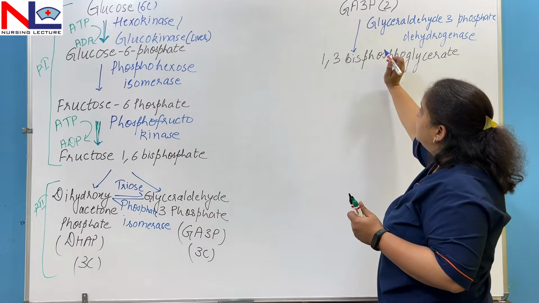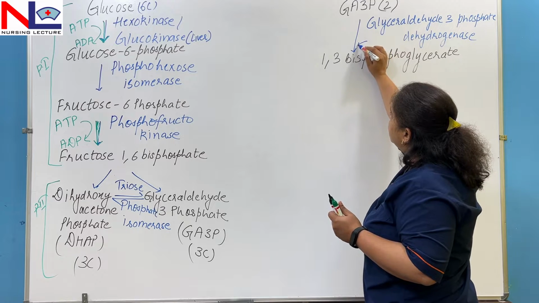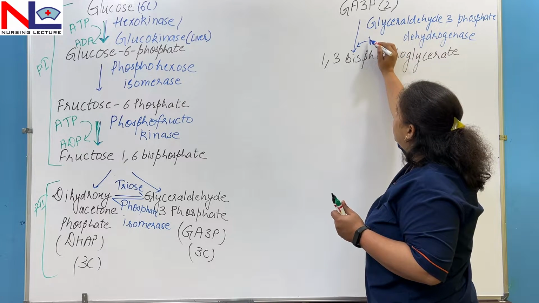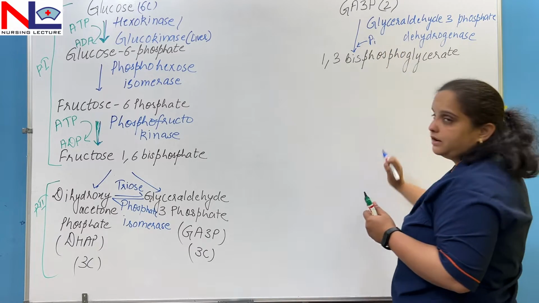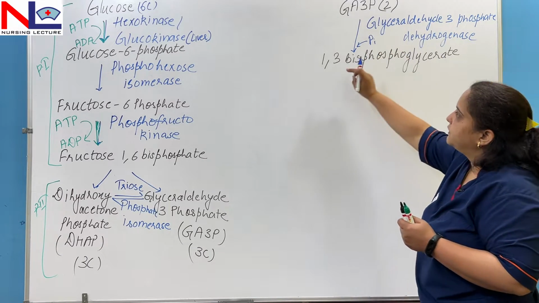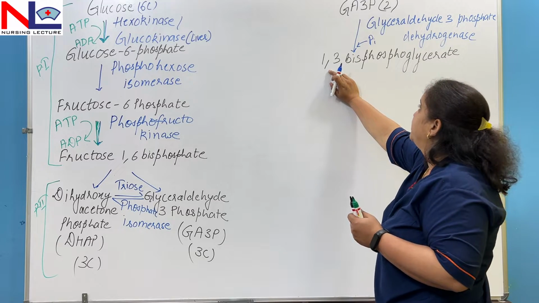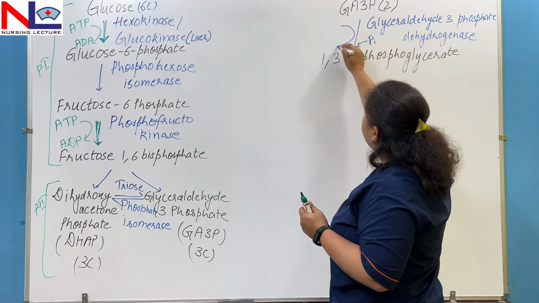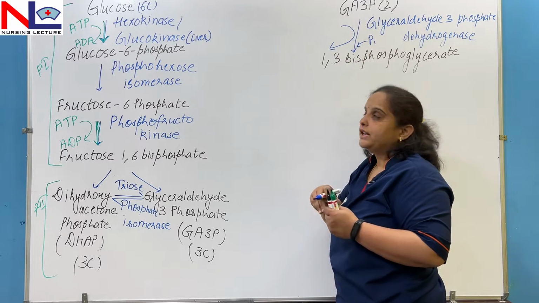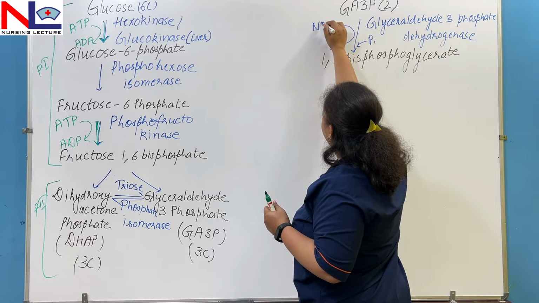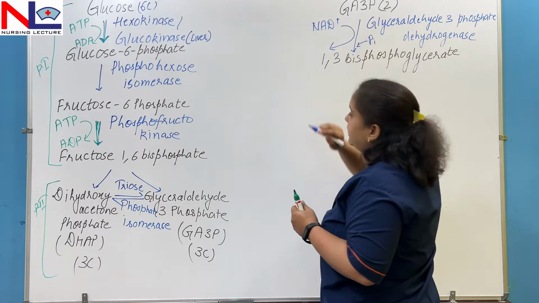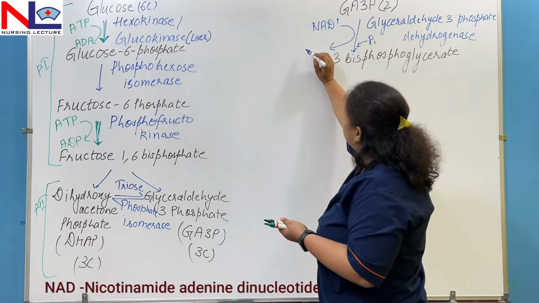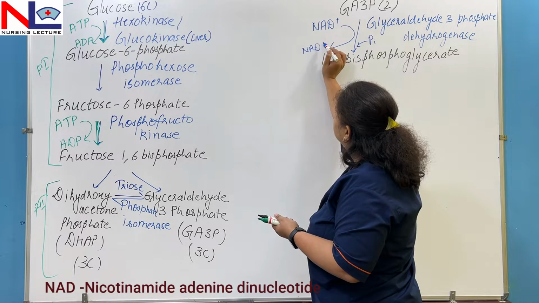So where does the one phosphate come from? In this reaction, the enzyme added one inorganic phosphate, and that phosphate is added on carbon 1. Now in the dehydrogenase enzyme, the important thing that happens here is the coenzyme NAD+, nicotinamide adenine dinucleotide, is reduced to NADH.